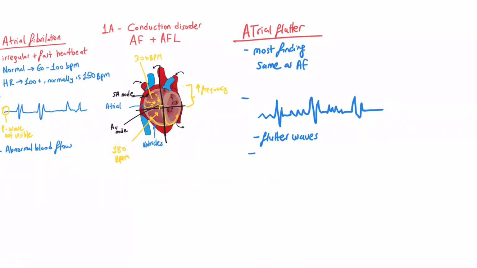However, the pulse of this patient is regular. Well, the ECG is regular. Sometimes the heart rate is so quick that this conduction disorder is treated as an SVT.